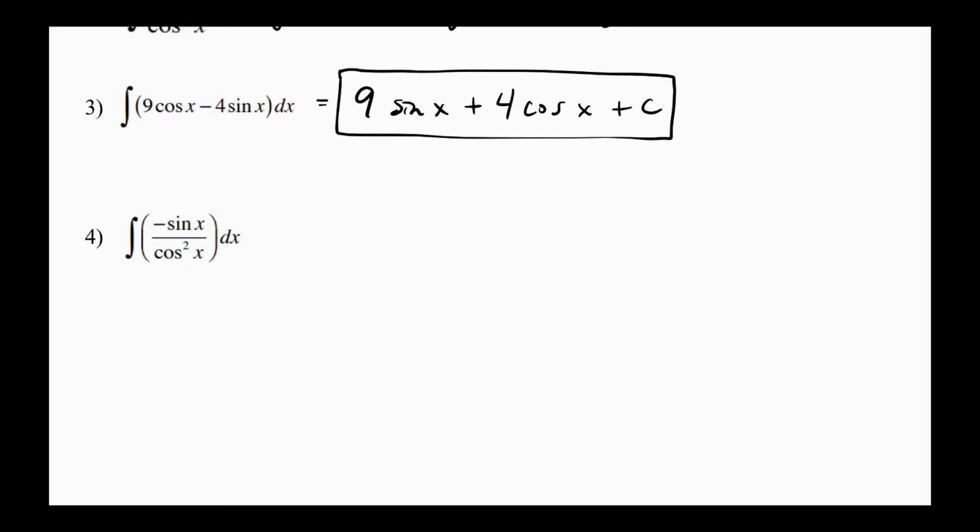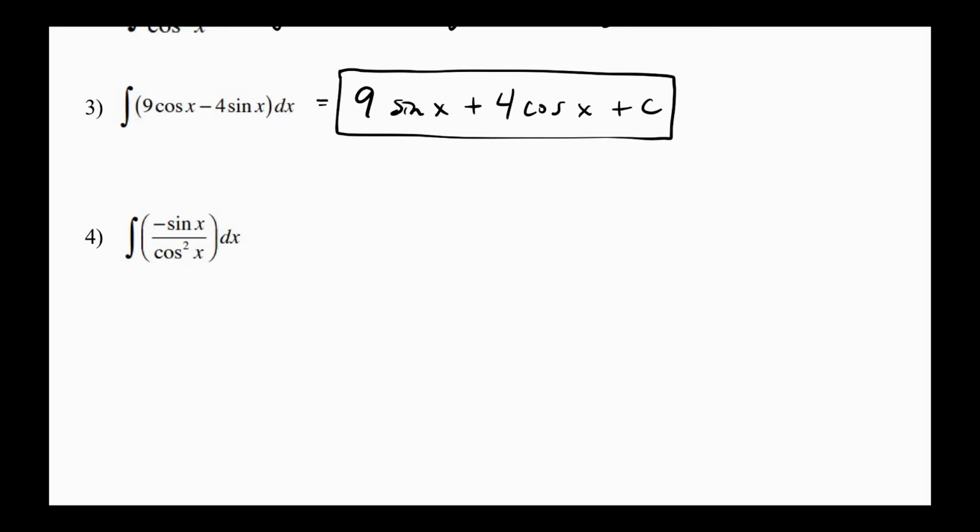So look at this one now. Look at the second one. The second one looks very similar to number 2, right? Again, it's a division problem. So we got to deal with that. Sine, I'm good with. I can find what the derivative or the antiderivative of sine or negative sine is going to be. That's not a problem, all right?